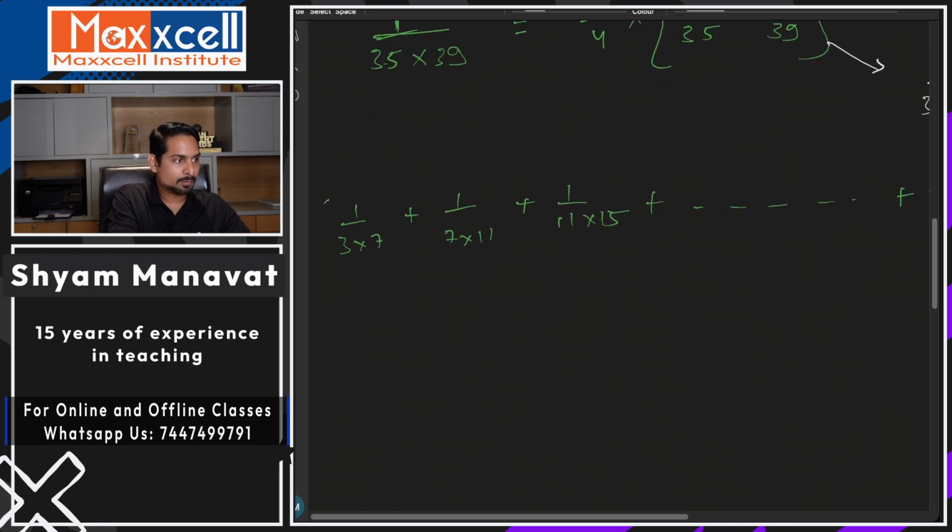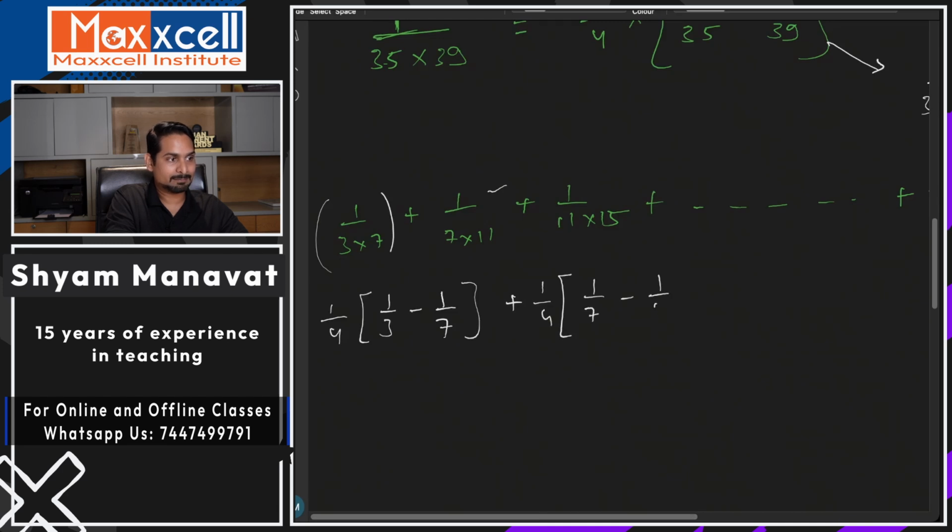This 1 upon 3 into 7 can be written as 1 upon 4 into (1 upon 3 minus 1 upon 7). You will understand everything in a couple of minutes. Just have patience. You will understand why we are doing that. Here, this second term can be written as 1 upon 4 into (1 upon 7 minus 1 upon 11).